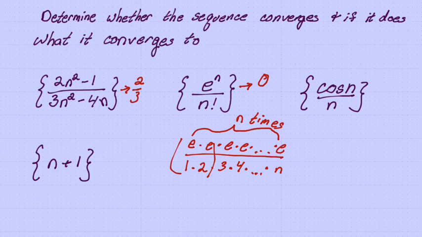And the next one, cosine n over n, will also be 0, because cosine is bounded and n is going to infinity. What about n plus 1? I realized I needed one that diverged, but I ran out of ideas.